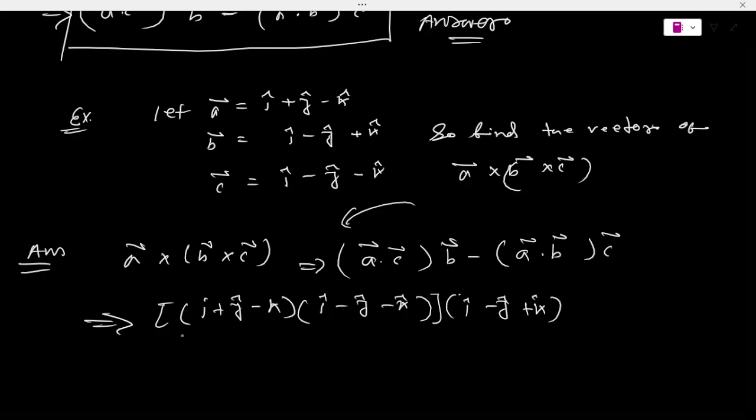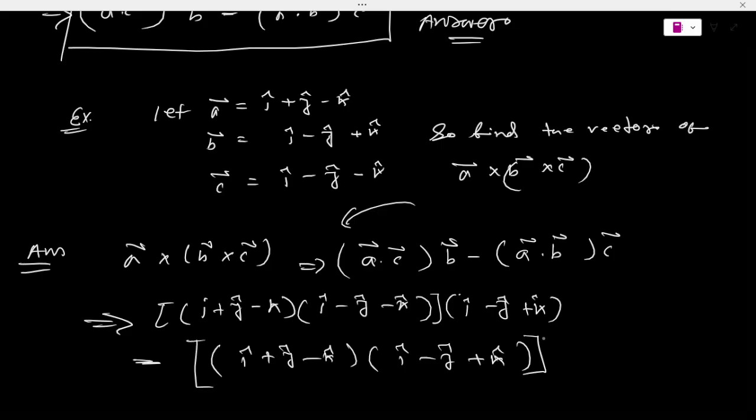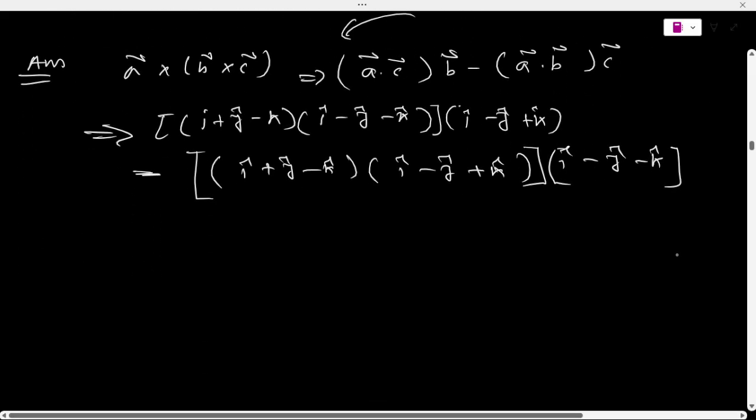Minus a vector, i plus j minus k, into b vector, which is i minus j plus k vector, into c vector. C vector means i vector minus j vector minus k vector. So after that, what will be the ultimate result?